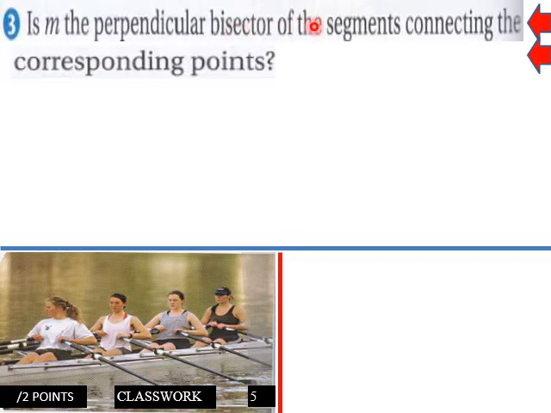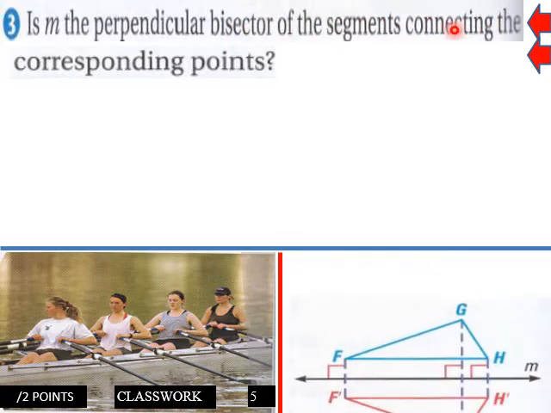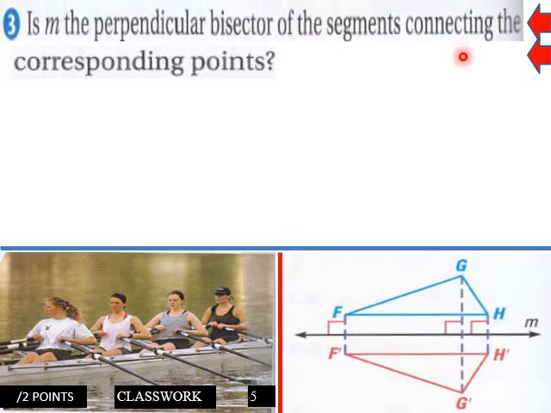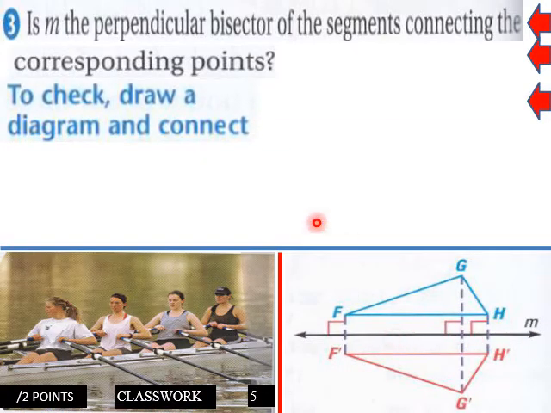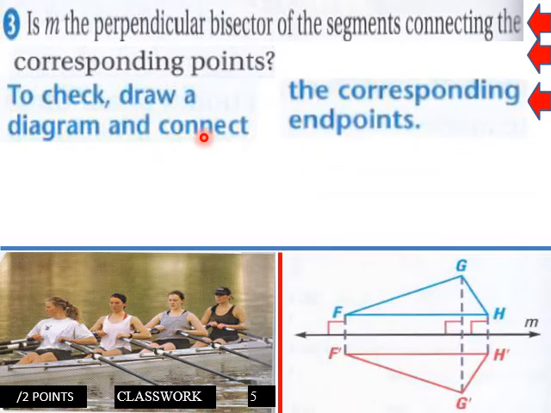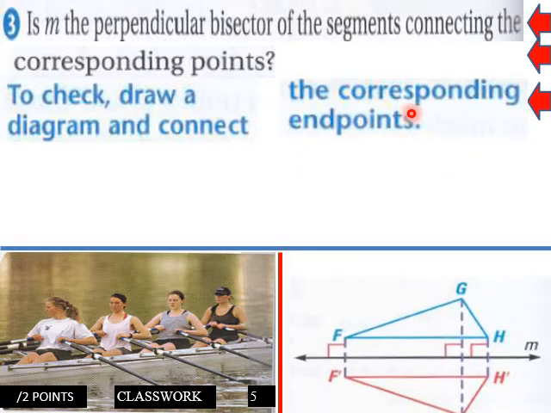Is M the perpendicular bisector of the segments connecting the corresponding points? Well, wait a minute. Here's M here. Is M the perpendicular bisector of the segments joining the corresponding points? We have M here connecting the corresponding points. So to check, draw a diagram and connect the corresponding endpoints.